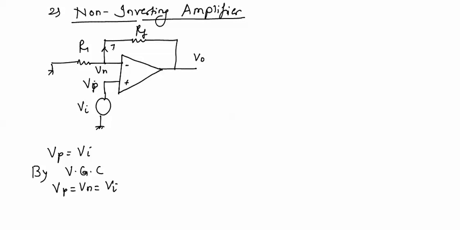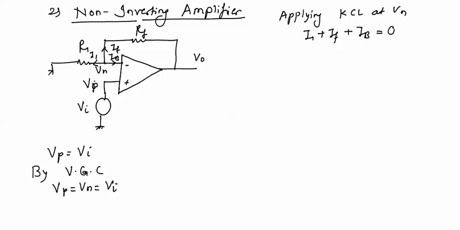There will be again three currents, IF, I1 and IB. Applying KCL at Vn, there will be three outgoing currents, IF, I1 and IB, and there will be no incoming current.